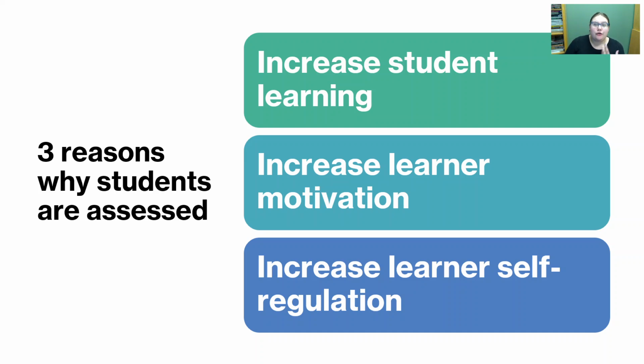So we want to encourage students to monitor their own process, and that in itself can encourage and increase self-confidence and motivation to learn. So getting students to be more reflective and to monitor their progress is a key aspect of students' self-assessment.